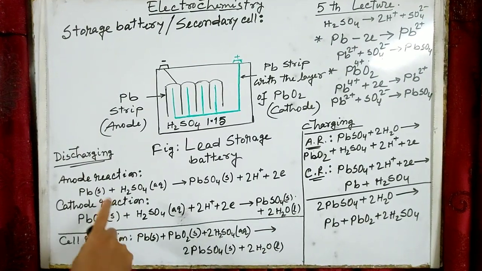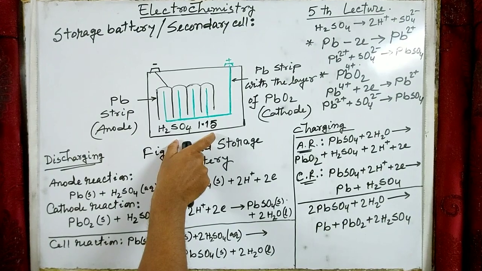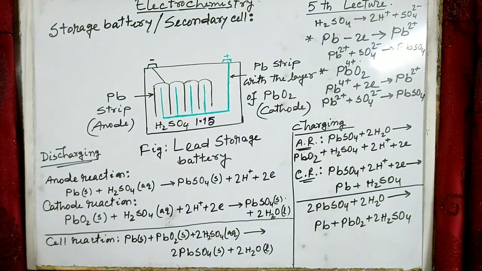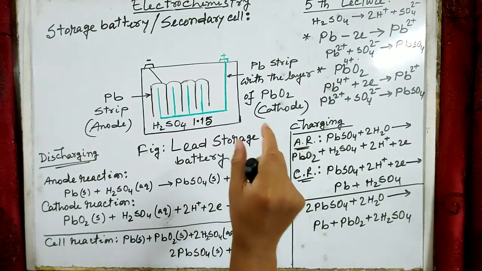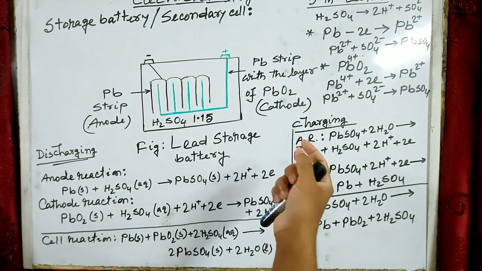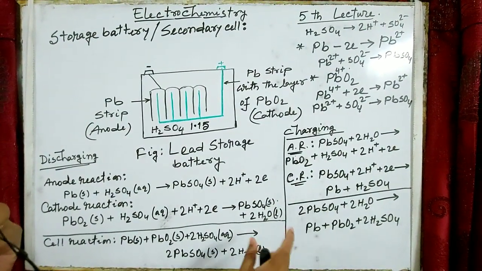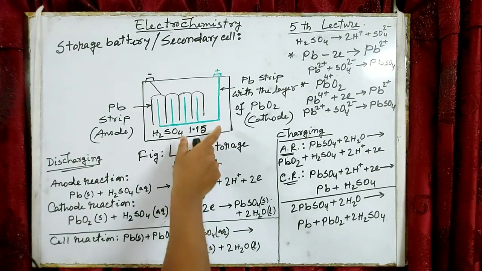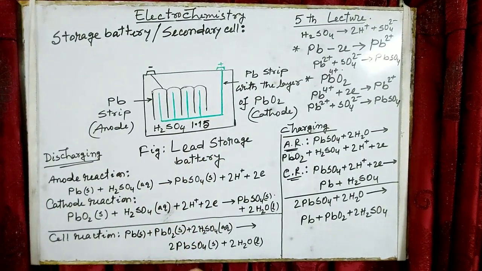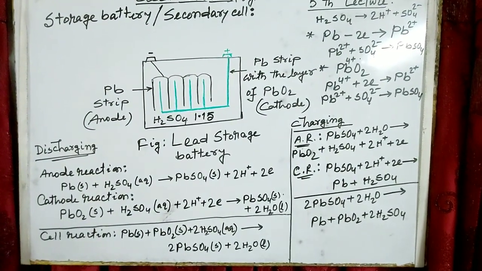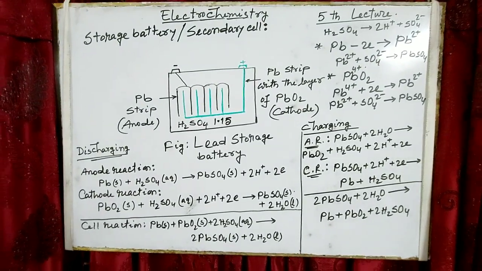Actually, during the discharging, chemical energy converts into electrical energy, and during the charging the electrical energy from an external source converts into chemical energy, and this chemical energy is stored in the lead storage battery. That's all about the storage battery, and this is very important, my dear students.